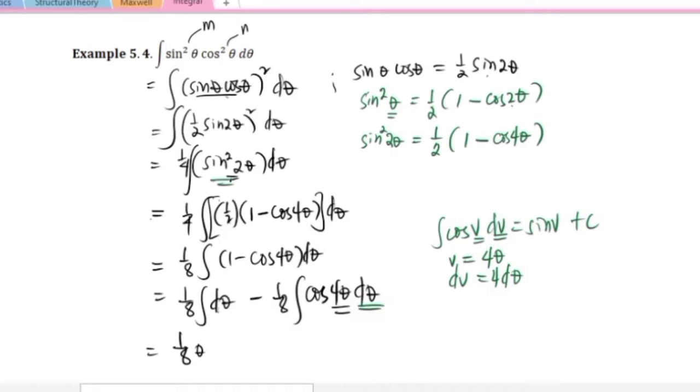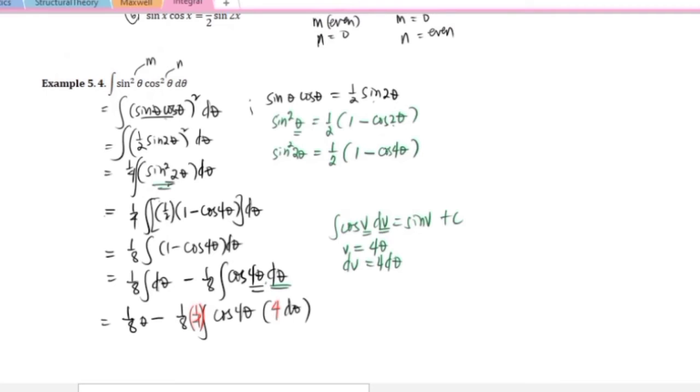So ang derivative natin, kulang tayo ng 4 dito. So minus 1/8 integral of cosine 4 theta d theta. So we have 4 here. We are required to multiply the reciprocal 1/4 dito sa labas. So derivative na ng angle niya yung katabi niya. Then we can now directly use the formula.